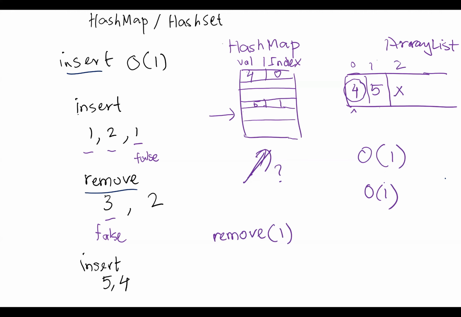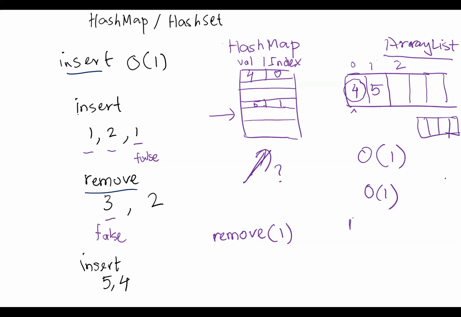So here is why this is an average of order of one time. In an array list, the size of the array list is not fixed. What the compiler does is it allocates memory for the array list, and if the array list is already full, it actually adds more memory.